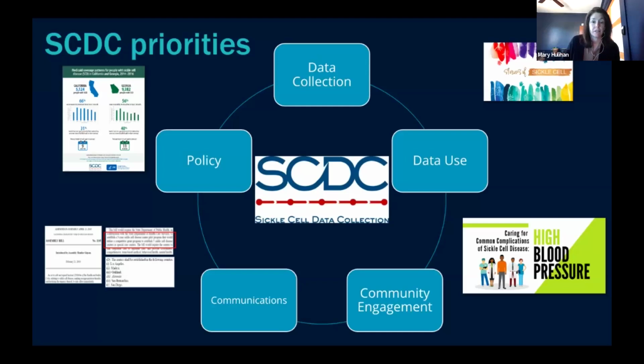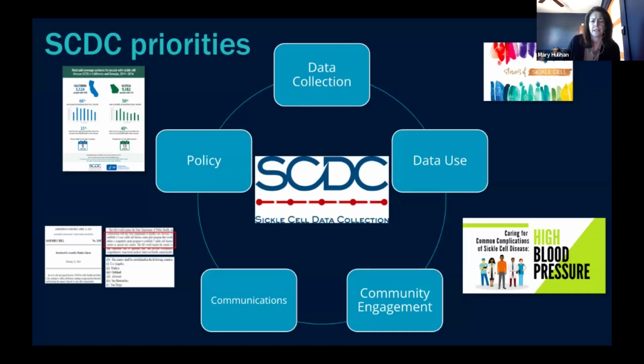It takes a lot of time to collect this data. It takes a lot of effort, because while there are similarities about the data that is available and the way it is collected from state to state, there are also a great number of differences. So we continue to strategize about ways to modernize and standardize the process so that the information we're collecting from all states can be used to work together to better understand sickle cell disease.